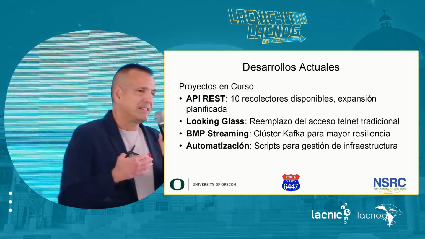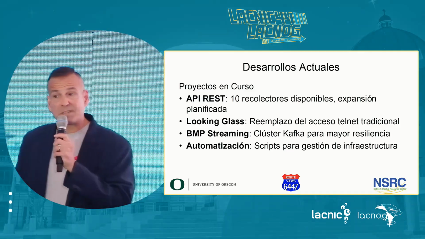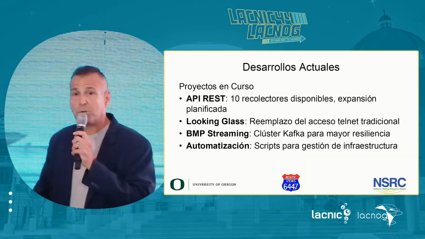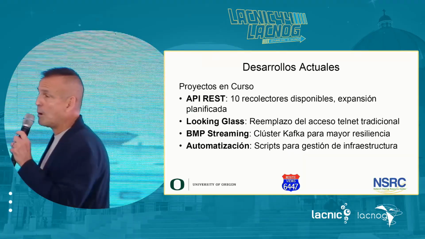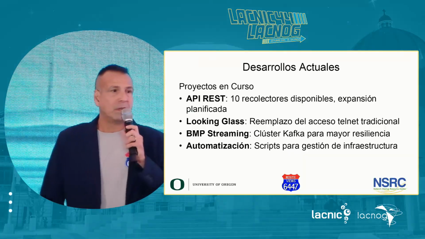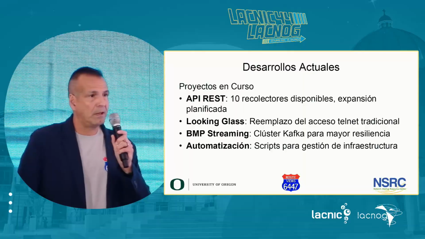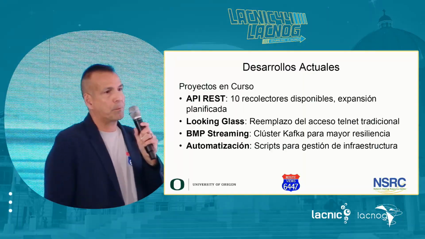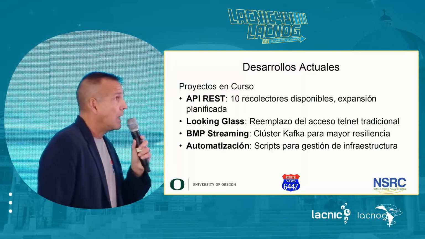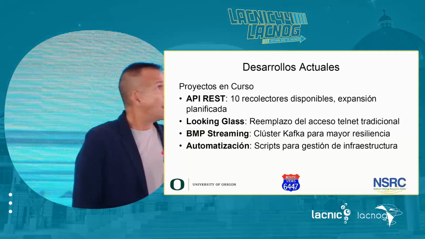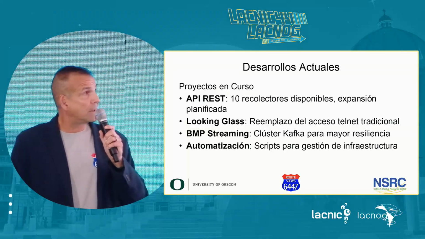But in the next 2 years, we want to add 5 to 10 additional collectors. We are still in conversations. We don't know if they will all be finally available, but we want to increase to up to 10 collectors in the next 2 years.